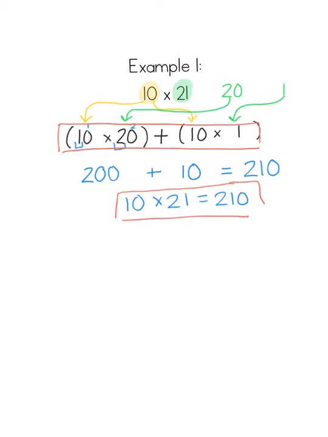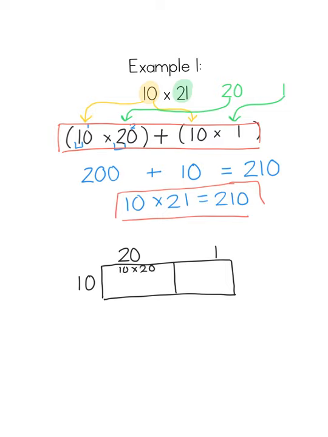Now I just want to show you something because we've been using the box method. The box method and the distributive property really are the same thing. If I had this problem, I would have 10 on the left side and 20 and 1 on the top. In this first box, I would be multiplying 10 times 20. In the second box, I would be multiplying 10 times 1.